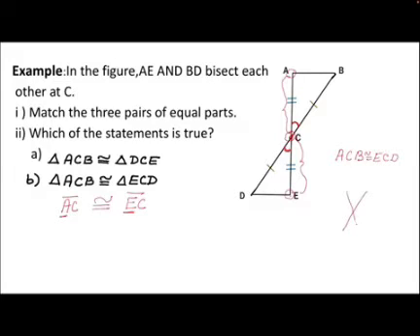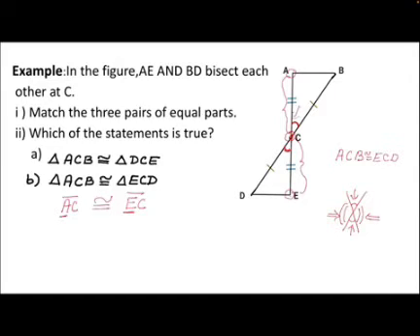But before that, please recall, when two lines intersect each other, two pairs of vertically opposite angles are formed. And that pair of vertically opposite angles are equal. If you can recall the pairs of angles, please remember that vertically opposite angles are always equal. Now we say vertically opposite angles are congruent.